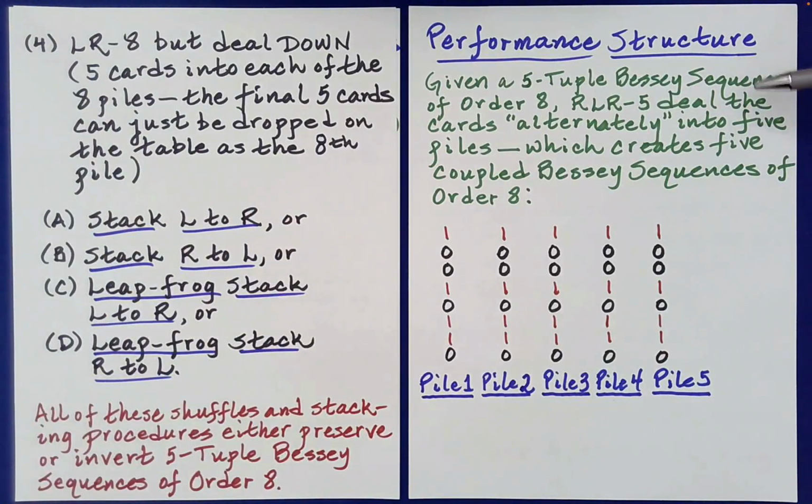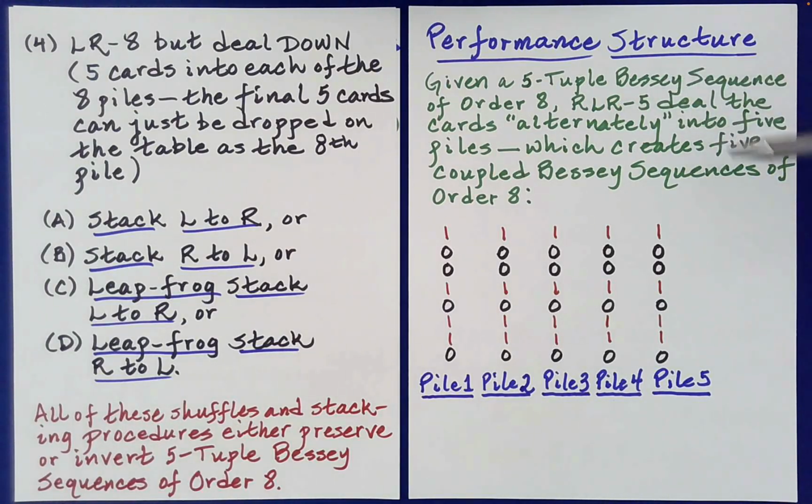And so here's the performance structure. So given a 5-tuple Bessey sequence of order 8, what I then did, in fact I could have done it better than I did it, actually. I could have given you more choices if I had just slowed down. But if you remember, I dealt out the cards into 5 piles of 8 cards each.